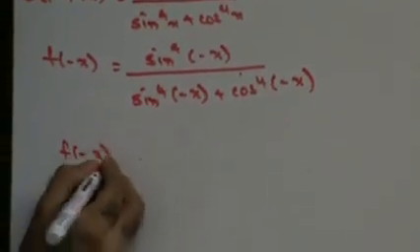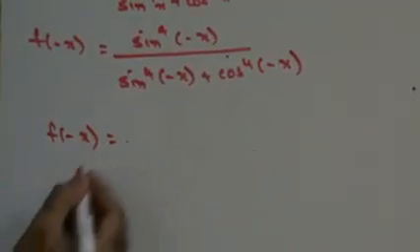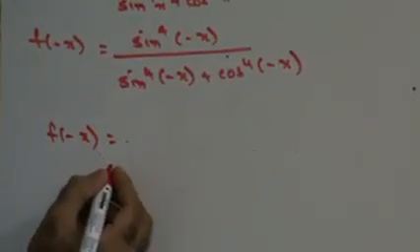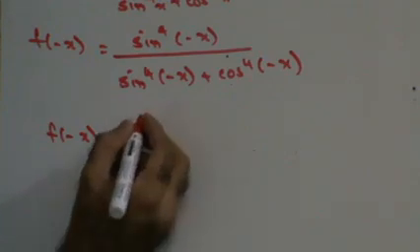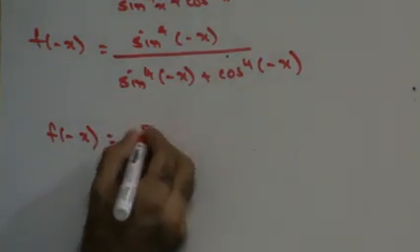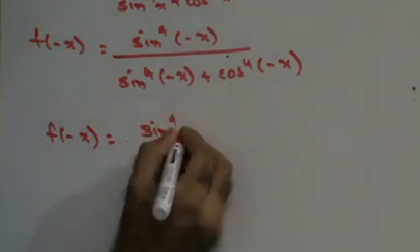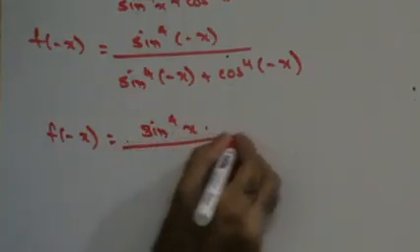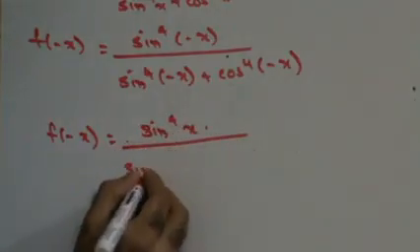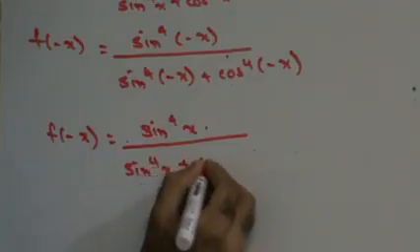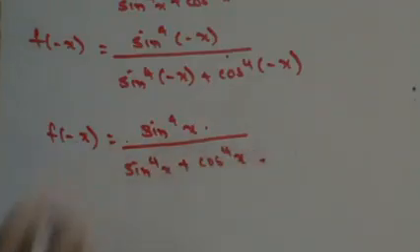So I'll get f of minus x. Sine of minus theta is minus sine theta, but minus sine x the whole raised to 4 is going to be nothing but sine 4x upon, this is again going to be sine raised to 4x plus cos raised to 4x. Fine, do we get this thing clear?